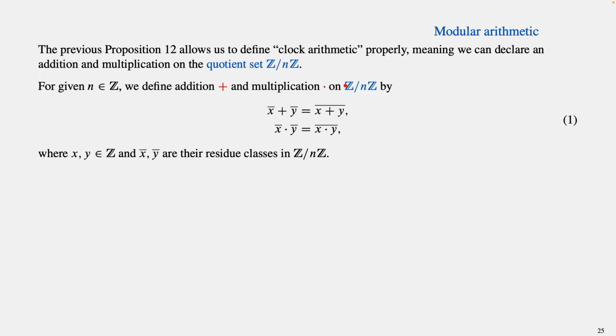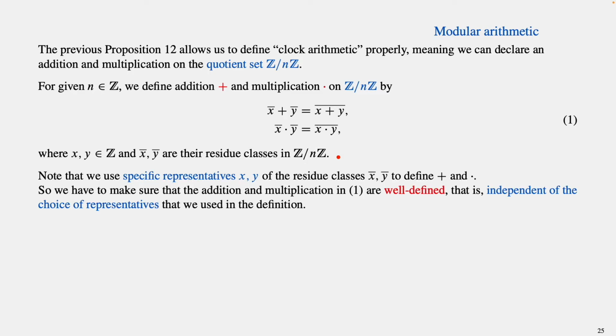And so we define the addition and multiplication on the quotient set by referring back to the integer multiplication and addition and then taking the residue classes. Now there's one important thing to note here. We use specific representatives of the residue classes.